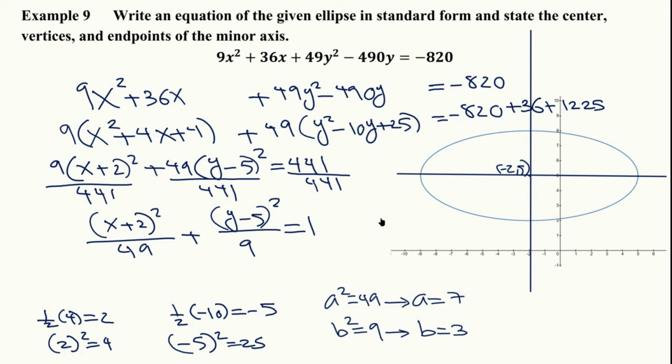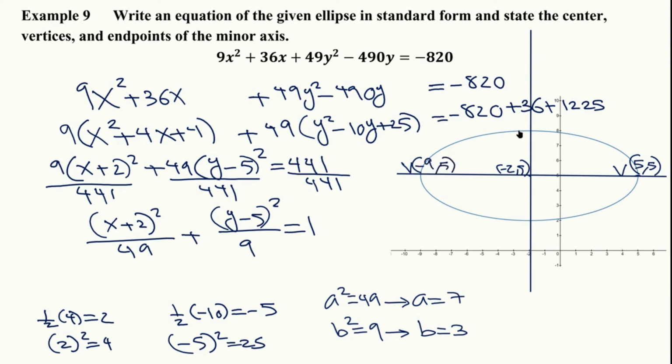So one vertex is going to be at -2 plus 7, which is 5, and the same elevation, 5, right? The other vertex, the left one, is going to be at -2 minus 7, so it'll be what? -9, and then the same elevation.